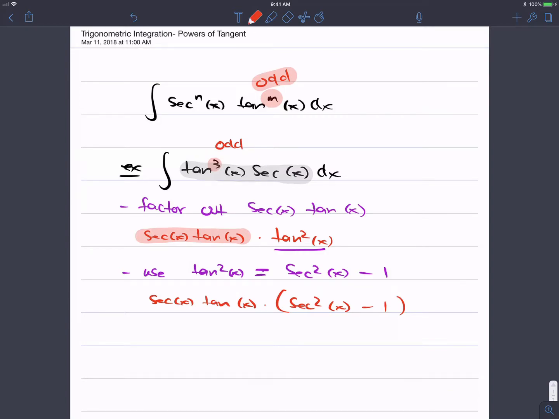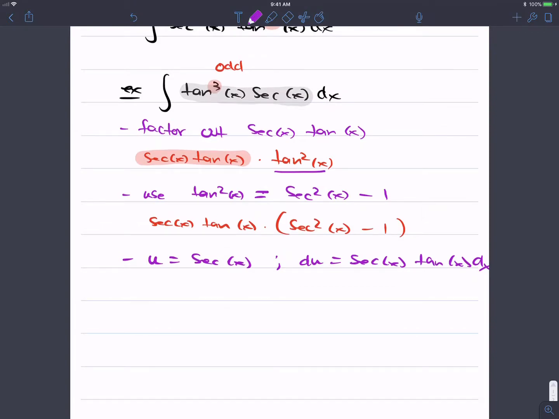Now, as you guys might be able to start to guess, the reason we factored out a secant tangent is because we're going to let u be simply secant. Notice, the derivative of secant is secant tangent, and there's a dx here.